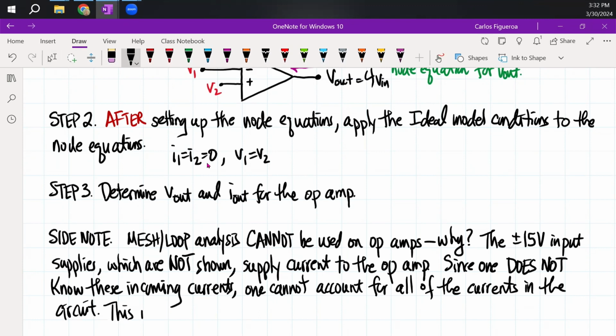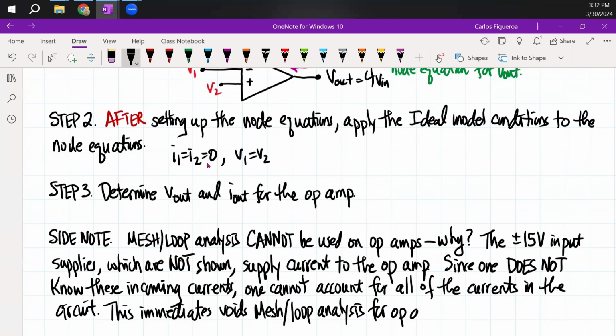This immediately voids mesh and loop analysis for op amps. Node does not require knowledge of the currents because it calculates node voltages. Therefore, it's valid to use it. So that's node analysis right there.